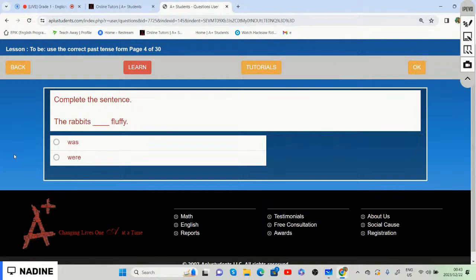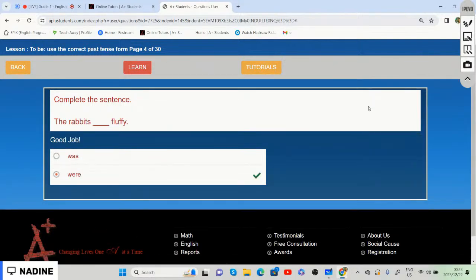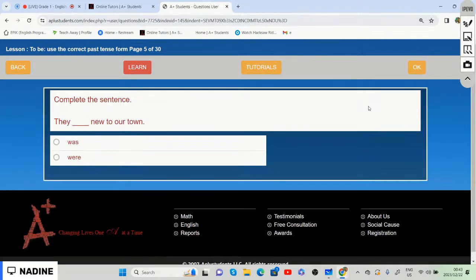So we say the rabbits were fluffy, because it refers to more than one rabbit. So were refers to more than one.